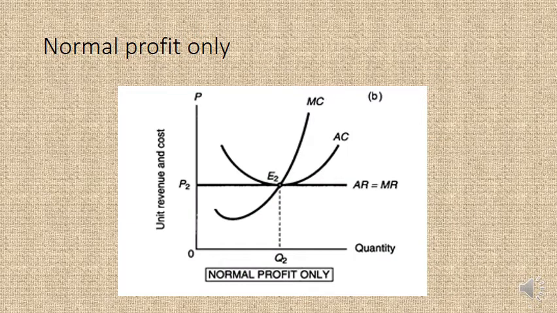We look at normal profits, like I said here, first identify your equilibrium point, MC equal to MR, so it's at point E2. And then you can see that your average cost curve is touching this revenue curve. So that means they are equal and we are making normal profit.